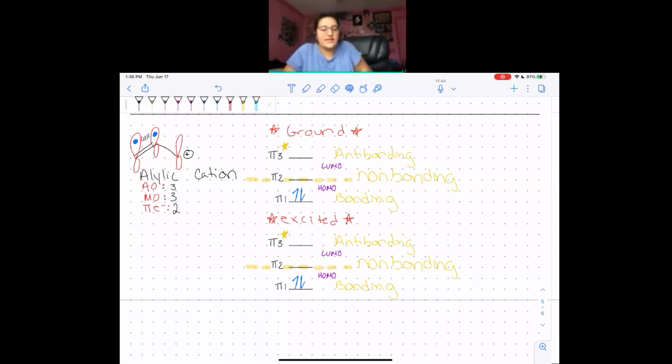The electrons, yes. Specifically, we're just going to move one of these electrons up to the LUMO. So everything stays the same, but now we have one non-bonding electron.